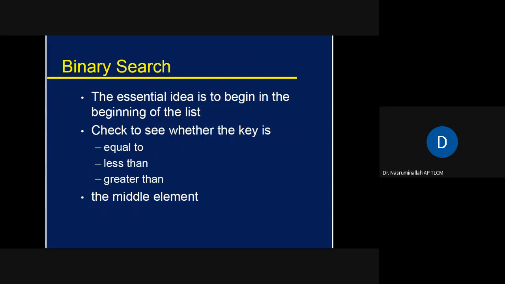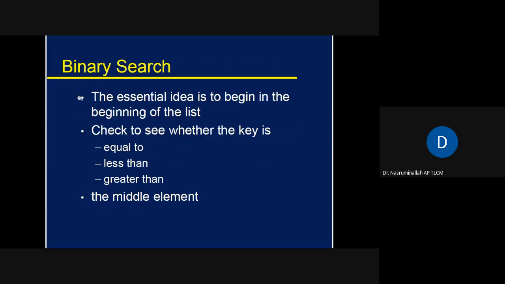The data is organized in a sequence form. You have the start of the list, the beginning of the list, and you have the end of the list. Then the task is to find a key within the list. The first thing you have to do is find the middle of the list or the array.